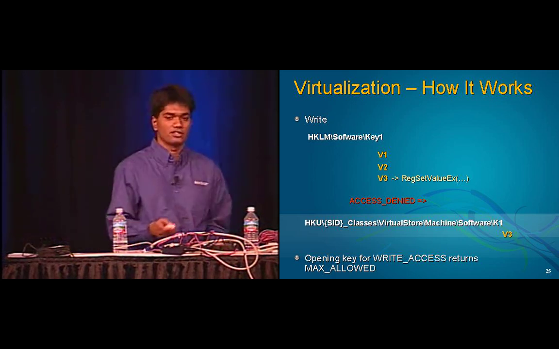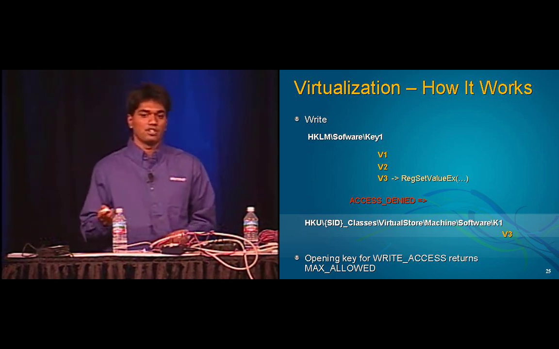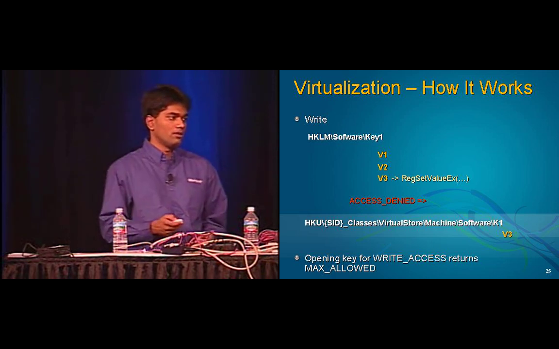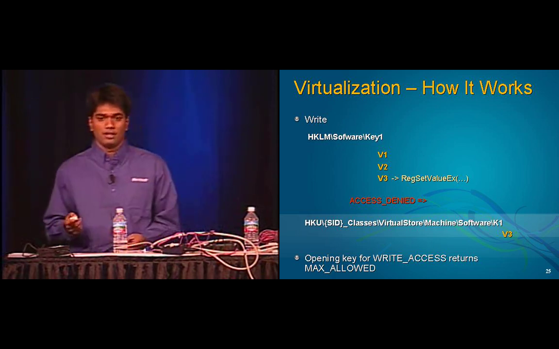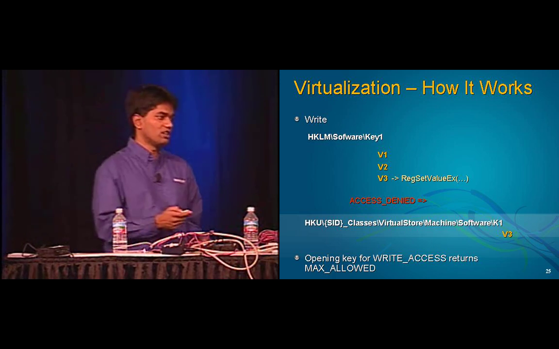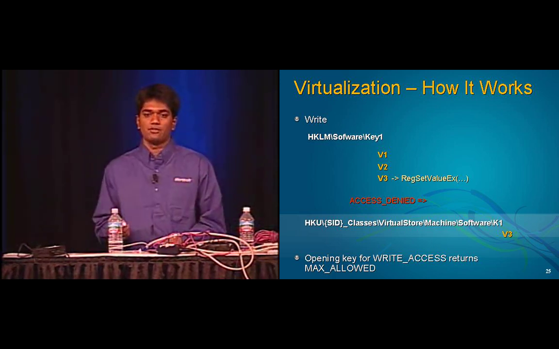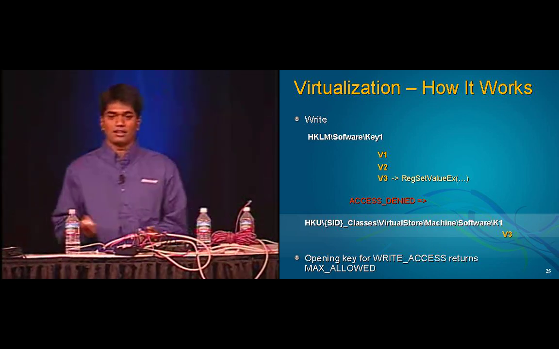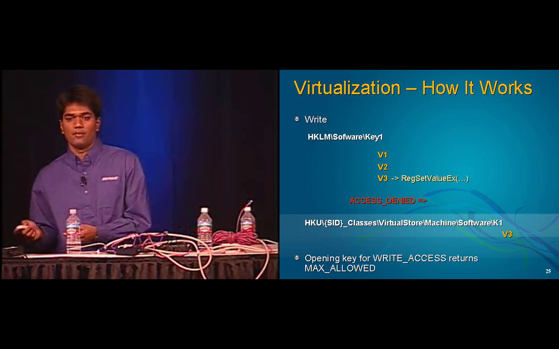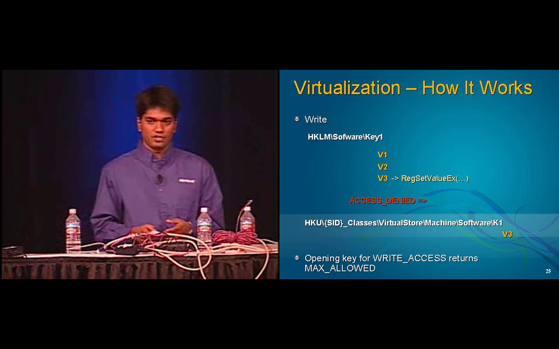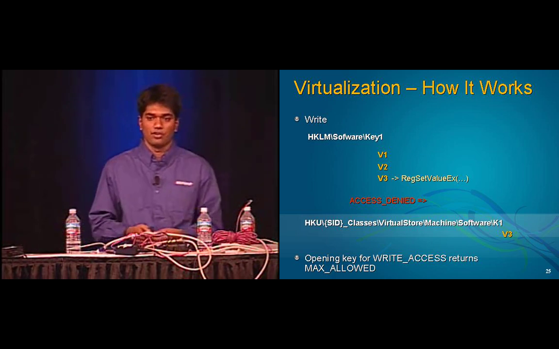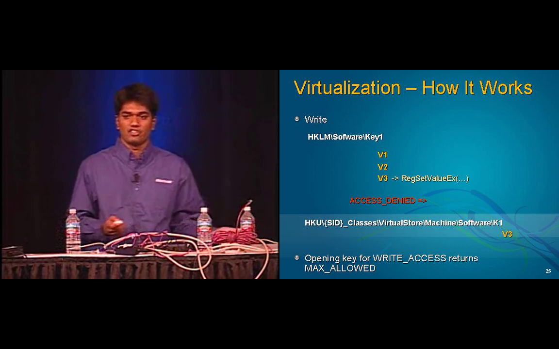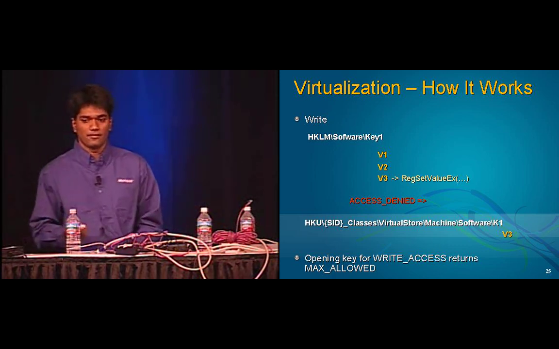Let's assume that this key is ACL'd so that only admins can write to it. If a standard user app comes in and writes a new value in here, typically you would get an access denied. But at this point, virtualization kicks in and moves this write to a per-user store in the classes hive. This store is non-roaming, so any local virtualized value will stay specific to your computer. And the call succeeds as far as the application is concerned, and it will just continue working.